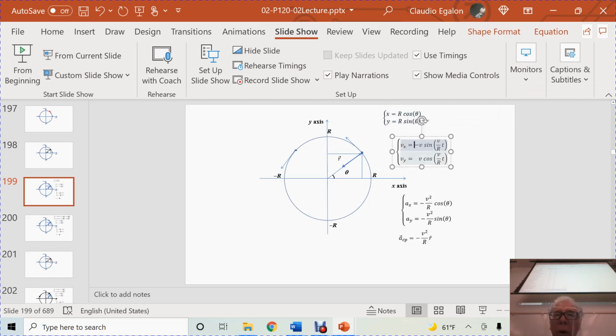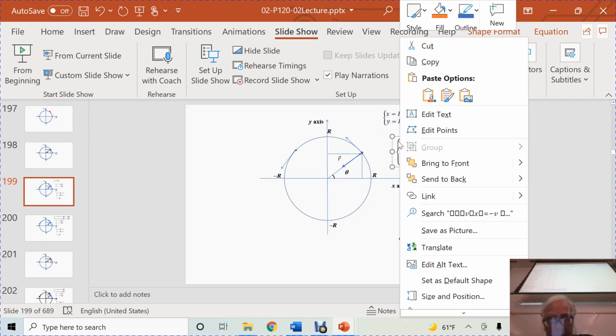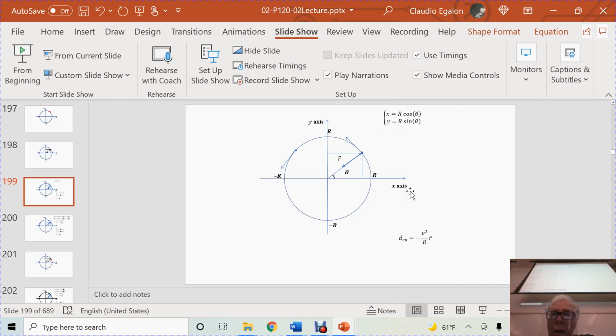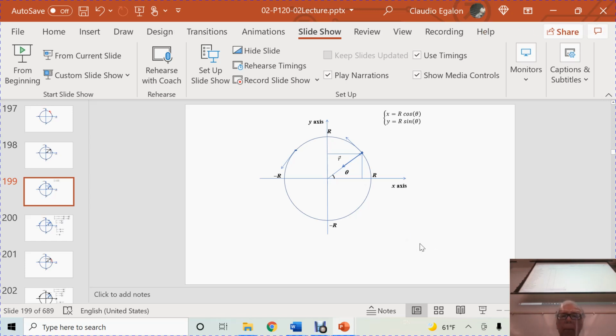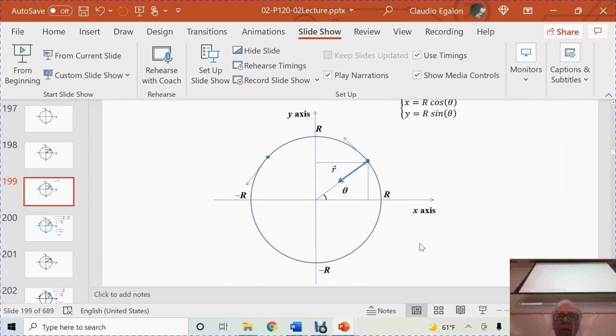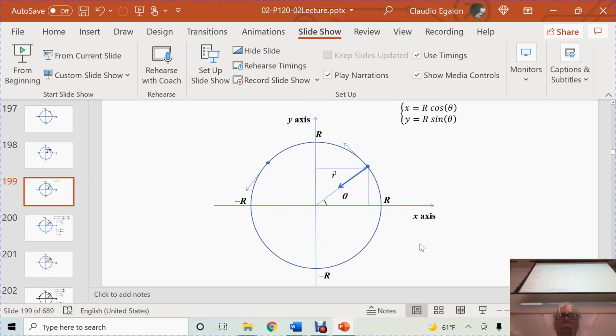Okay, and now it's too early for that. We're going to get there. Too small for you? Let's zoom in. R cosine of theta, R sine of theta.